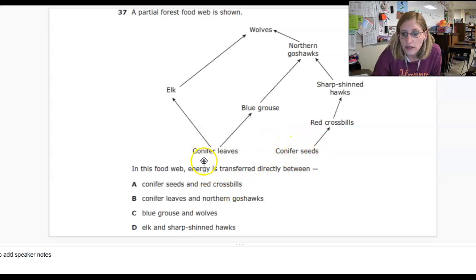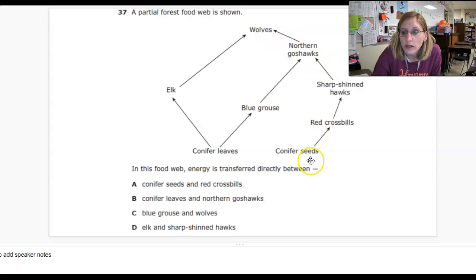So this conifer leaf goes to the blue grouse, and then the northern goshawks. Or the leaf goes to an elk, and then it goes directly to a wolf, the wolves.